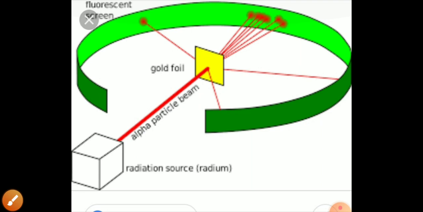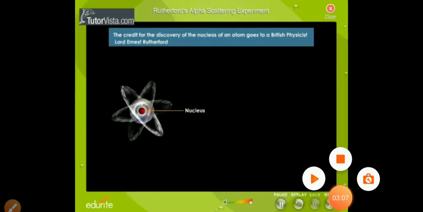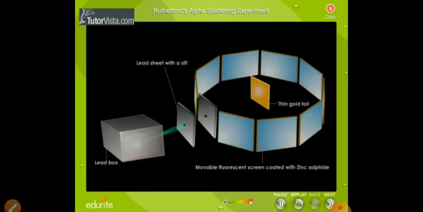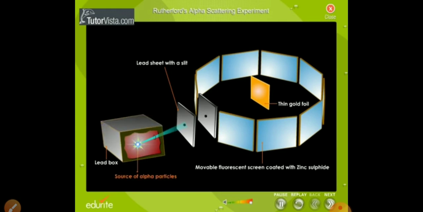Now again I will explain through this video how he conducted this experiment. This is the Rutherford scattering experiment. When alpha particles are emitted from the radium, they move straight and fall on the gold foil.